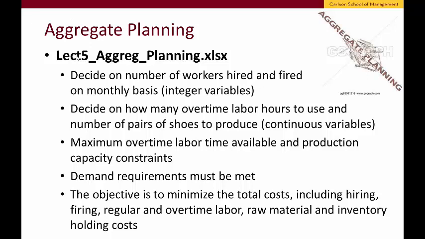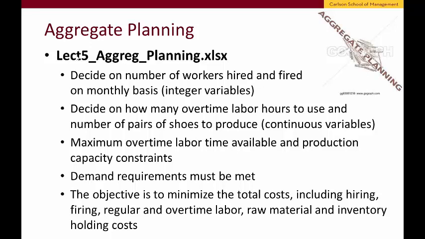In this example, Payless Shoes has to decide how many workers to hire and fire over the course of the next 4 months, as well as how many hours of overtime to use in each month, and perhaps most importantly, how many pairs of shoes to produce during this 4 month planning horizon. So variables on worker hiring and firing must be integer, with OT hours and production amounts treated as continuous. So that's the mixture here.